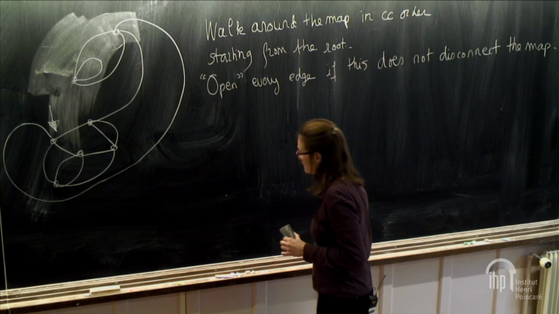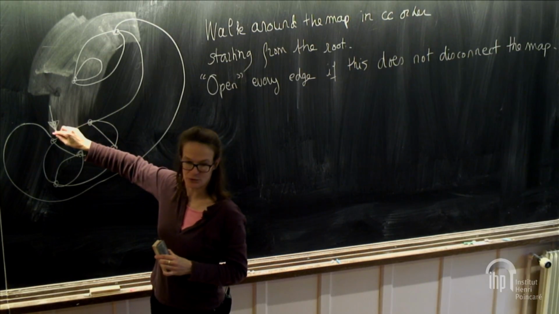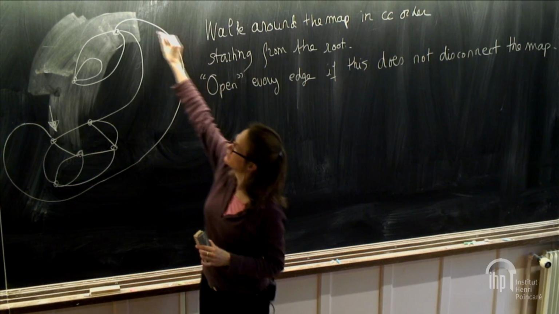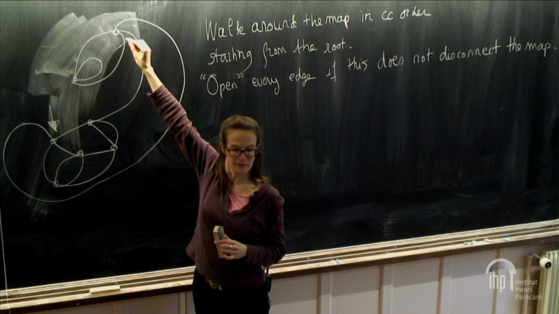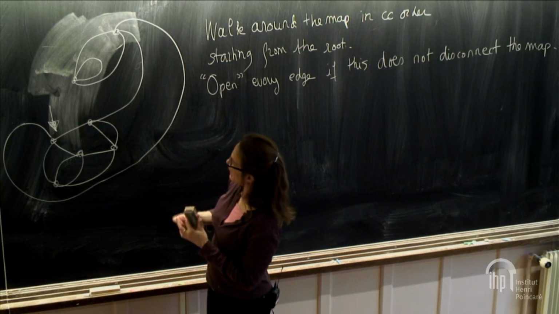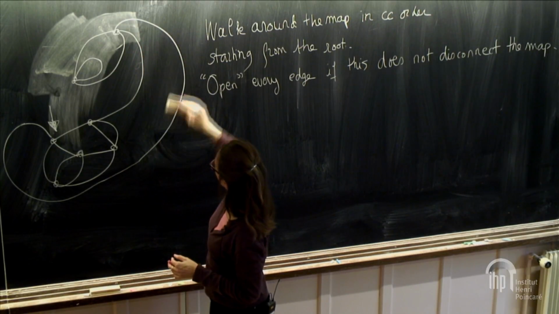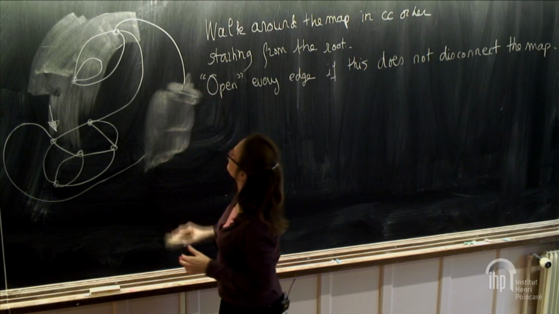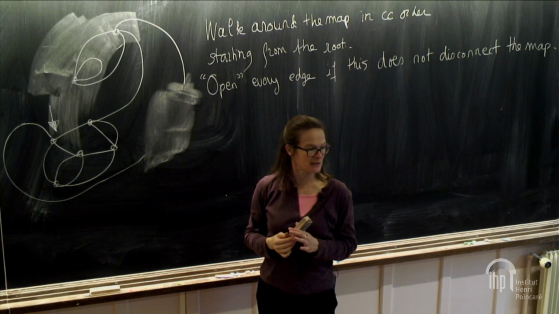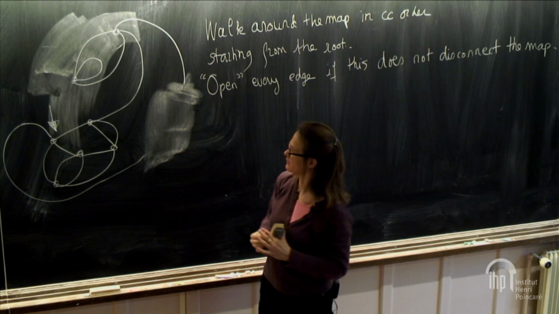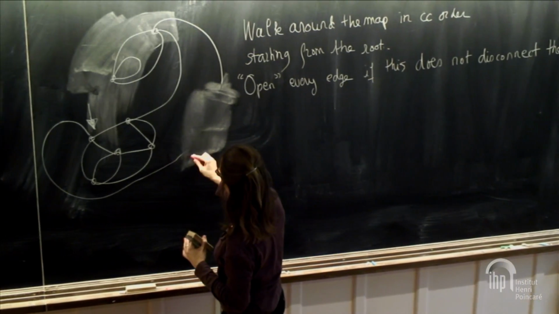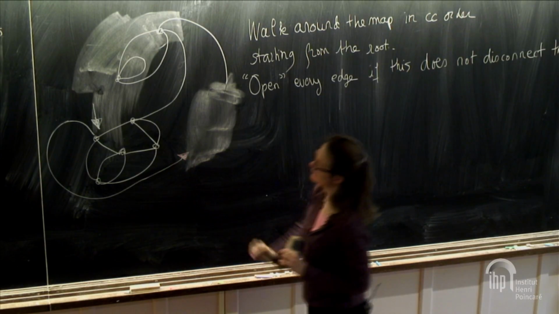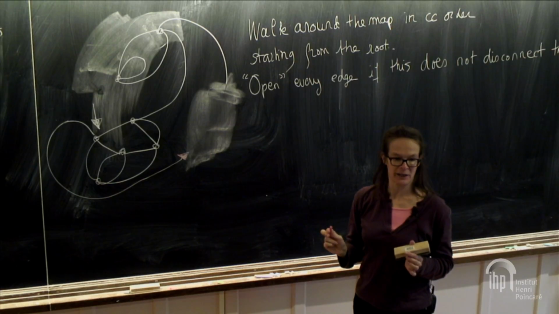Okay, so you start, say, here at the root corner, and you walk around the map. So the first move I'm doing is walking along this edge here. And can I open it, that is, erase the central part? If I do this, do I get something that's still connected? Yes. Okay, so I declare that I open this edge into 2 half edges.